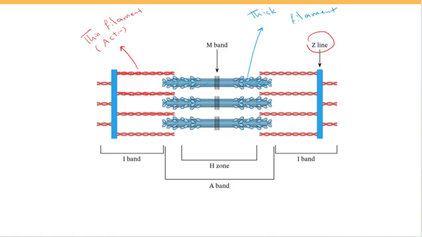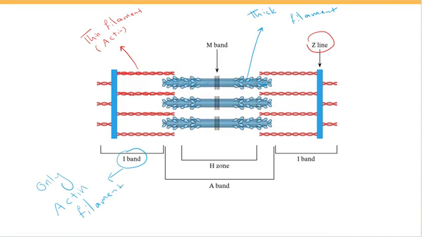The area where only thin filament is going to be found is called the I band. So the I band, which is our lighter region, is composed of only actin filament, which is thin filament.